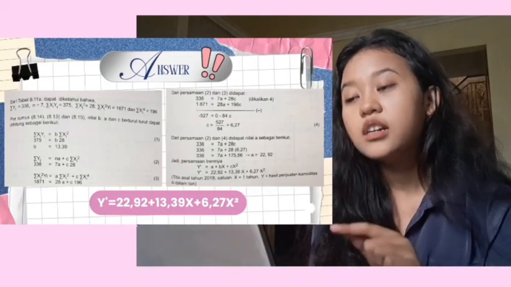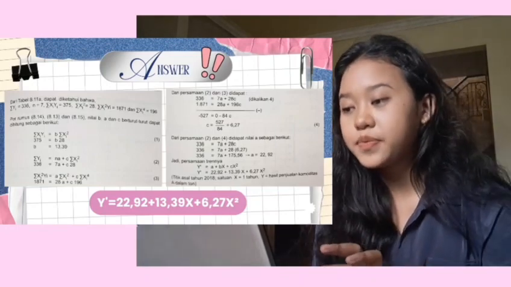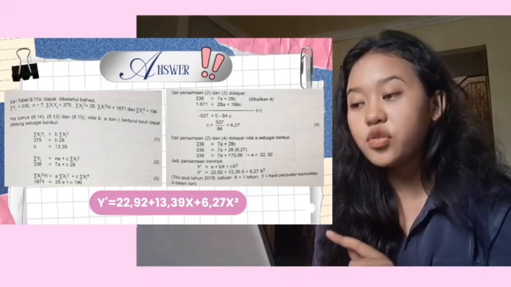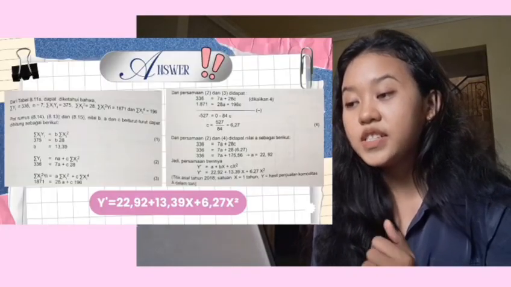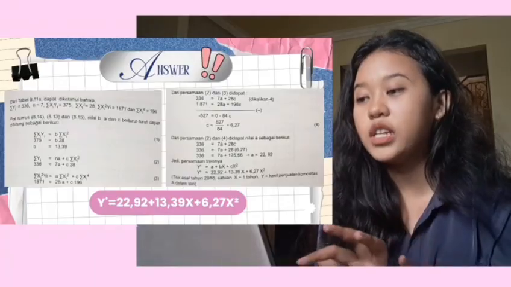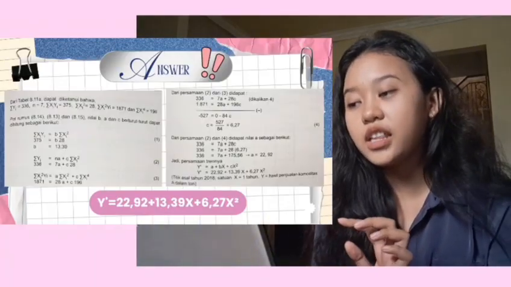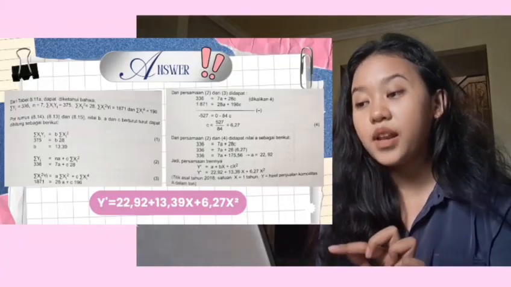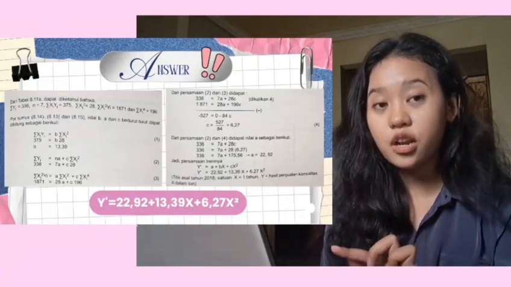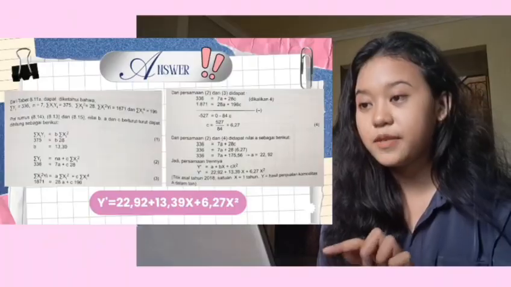Then we can move on to the third equation: sigma xi squared times yi equals a sigma xi squared plus c sigma xi fourth, and we get 1871 equals 28a plus c times 196.